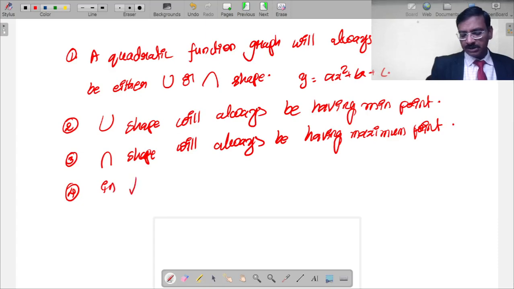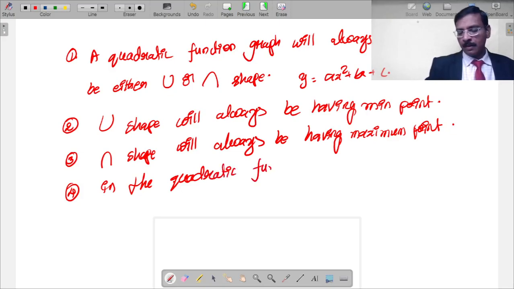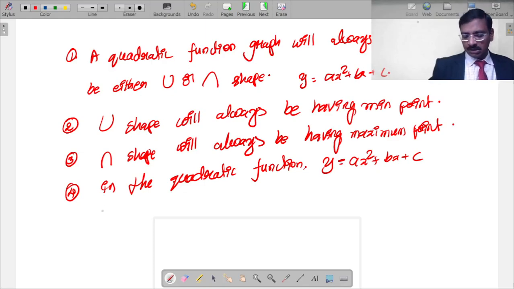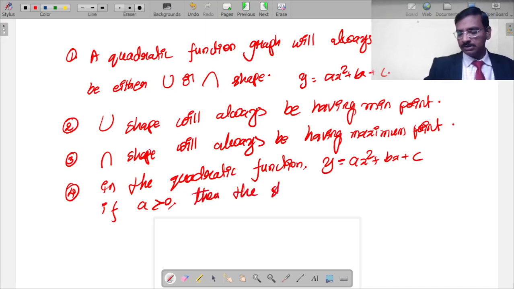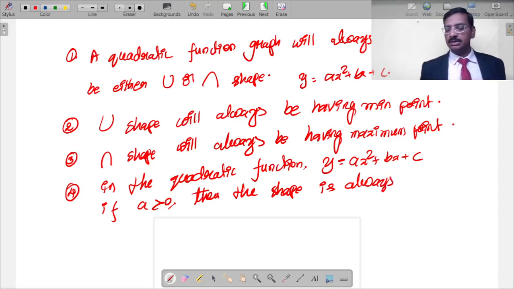And the fourth point, in the quadratic function y is equal to ax square plus bx plus c, if a is greater than 0, then the shape is always the U shape.